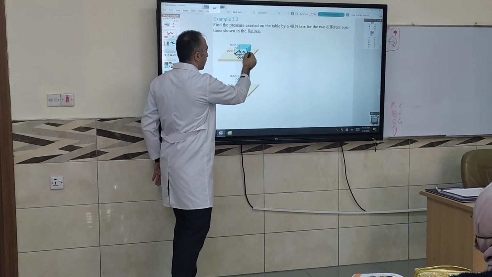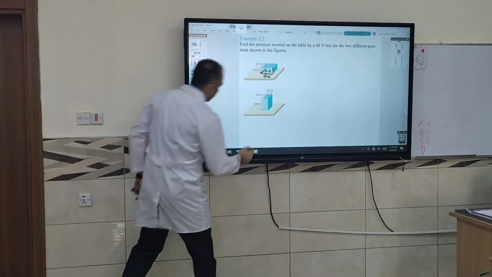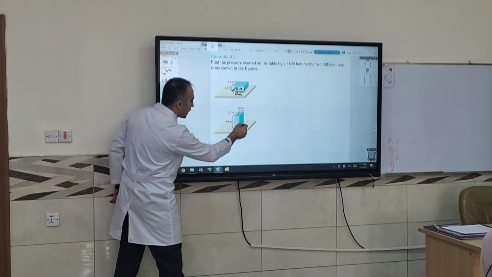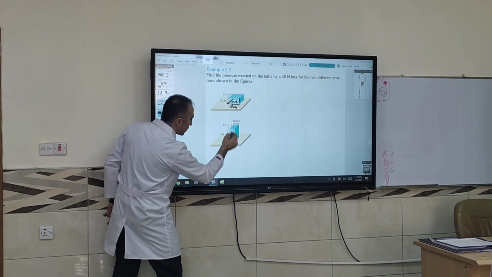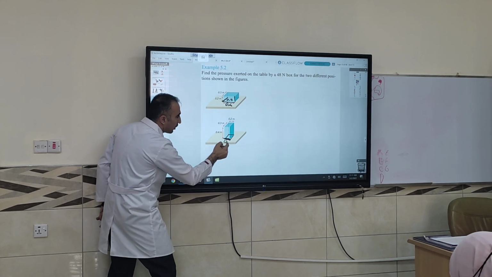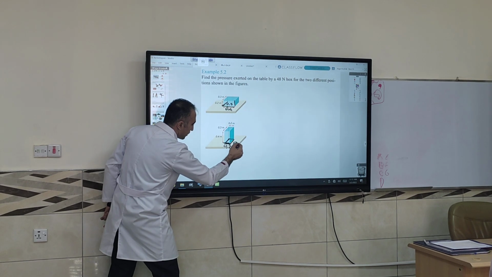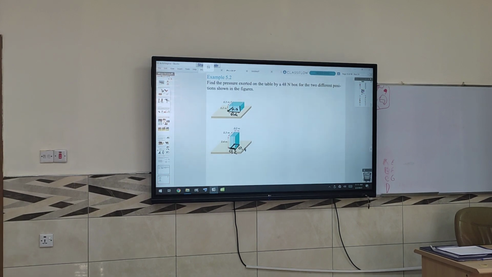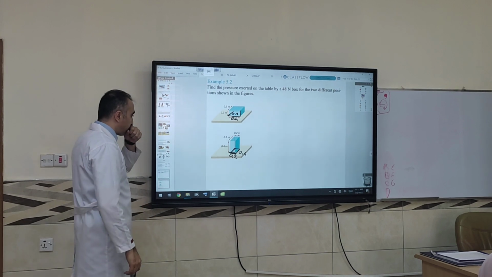This is height. The other here, it lays on with this side, and what is the length of this? Can you say? 0.2. And this side is 0.4. Now you can compare each question and each position. Okay?